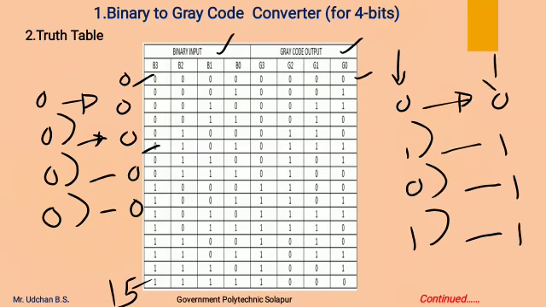This is the gray sequence, that is 0 1 1 1. This is how the binary to gray code conversion can be done. So you can check for all the remaining input combinations how the binary numbers are converted into gray code.